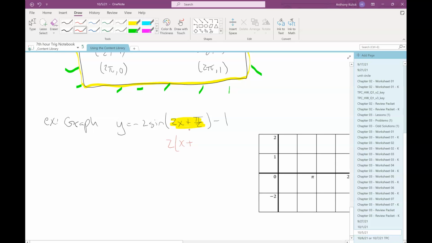And then pi over 2 divided by 2 is the same thing as pi over 2 times 1/2, which would be pi over 4. Notice that when I distribute the 2 back through, it reduces down the correct way. So now I can identify my values for A, C, H, and K.